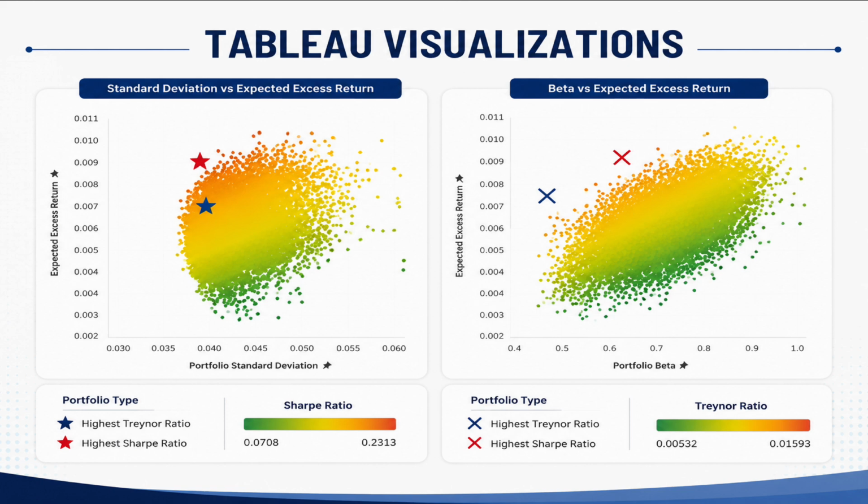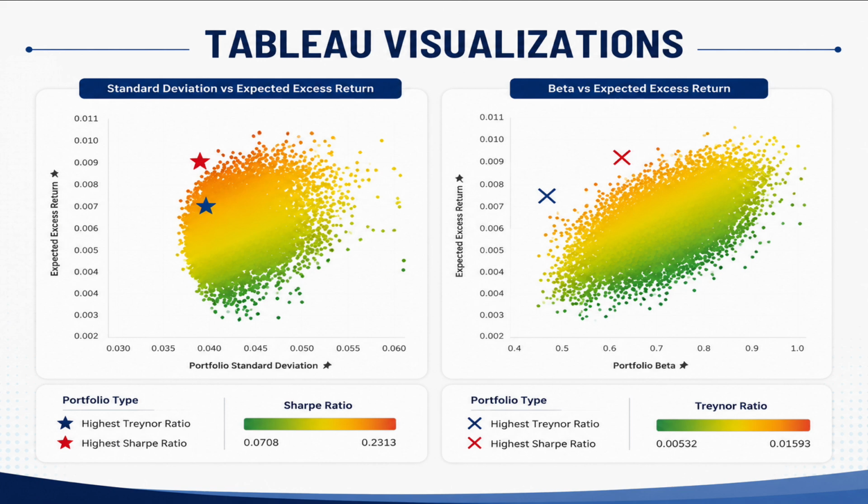Each point represents one of the 10,000 portfolios generated in Python. The color scale represents the Sharpe ratio, with higher values appearing in warmer colors. The portfolio with the highest Sharpe ratio is highlighted with a red star, while the portfolio with the highest Treynor ratio is highlighted with a blue star. The location of these points helps identify portfolios that provide strong excess returns relative to their level of total risk.